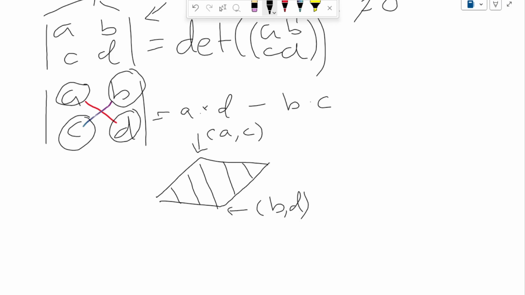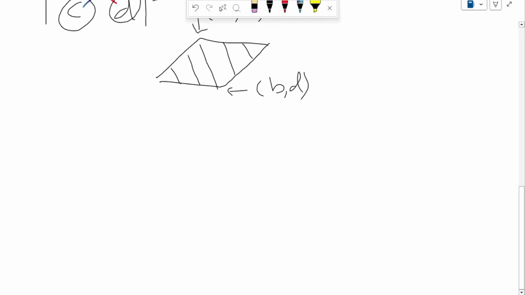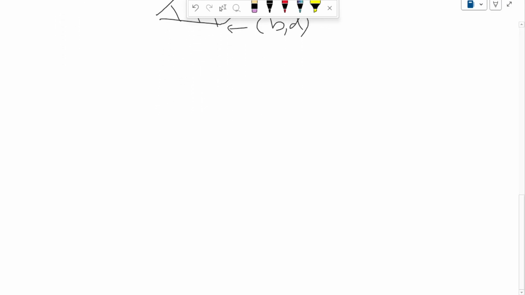It's always important to remember the sign. And so that's a very simple formula. So you may be wondering why I'm so worried about the general formula. Well, it's because the 2x2 case is essentially the nicest possible case.